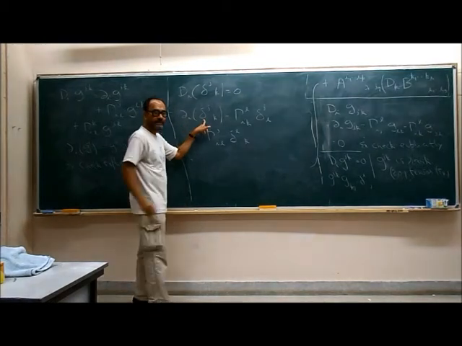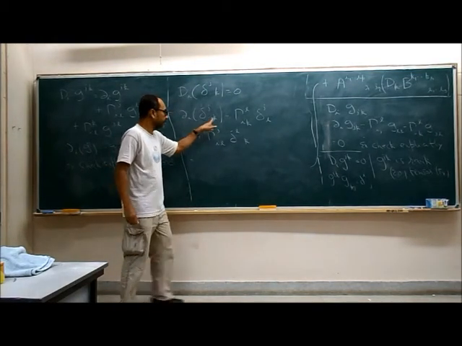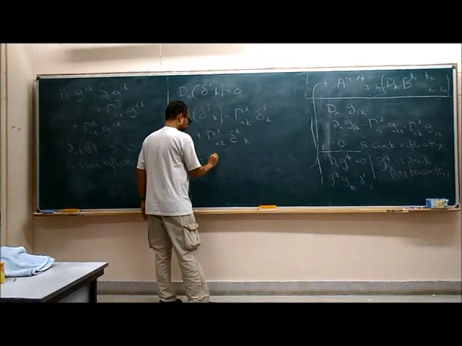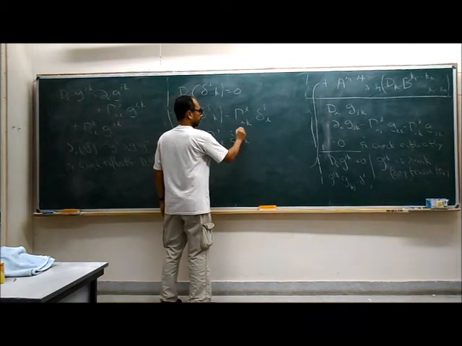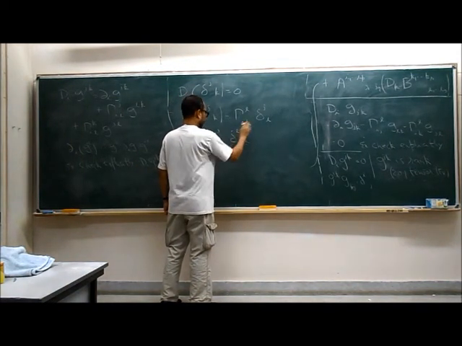So the first is 0 because it is constant. So this gives you minus Γ^j_ik.